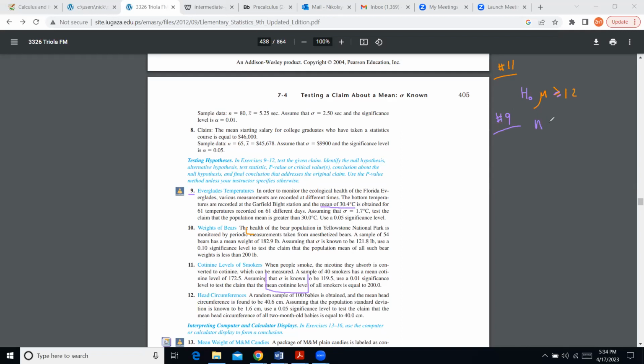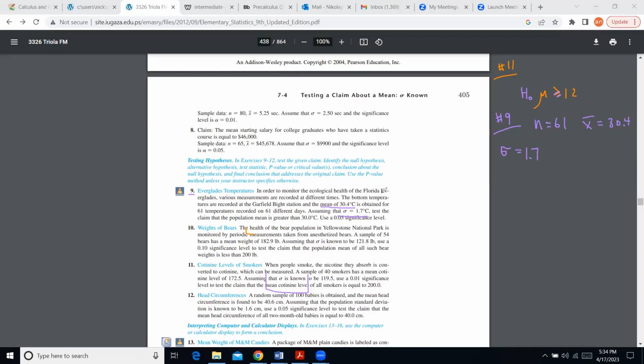So the number of temperatures, n, is 61, and the average, which is the mean for that sample of 61 temperatures, happens to be 30.4. That's a great start. Then they say the standard deviation is 1.7. Okay, 1.7 is the standard deviation here.